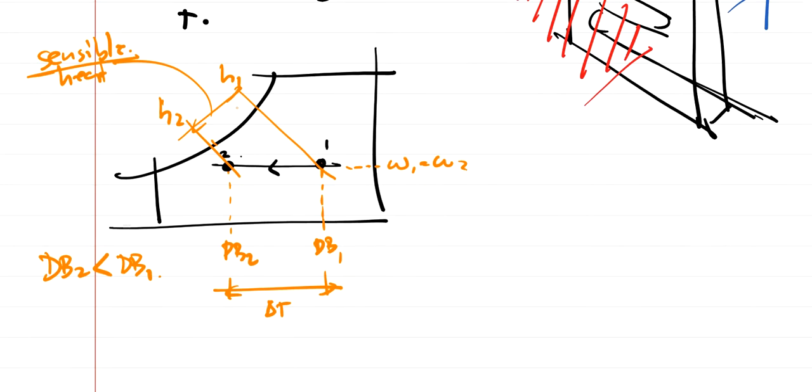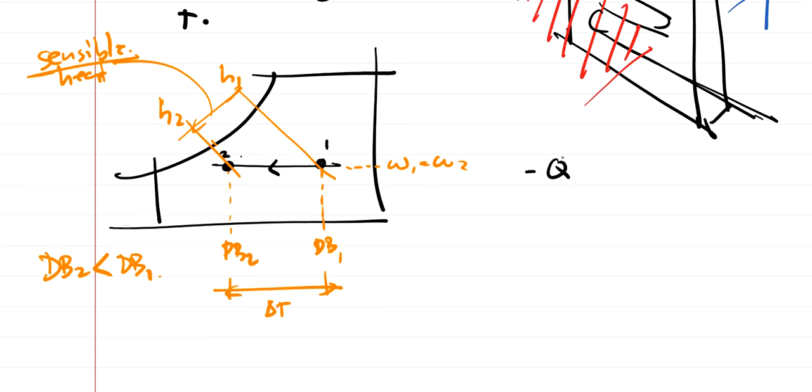You would notice if we take final minus initial, what you get is a negative Q. It just simply means that heat is removed from the system.